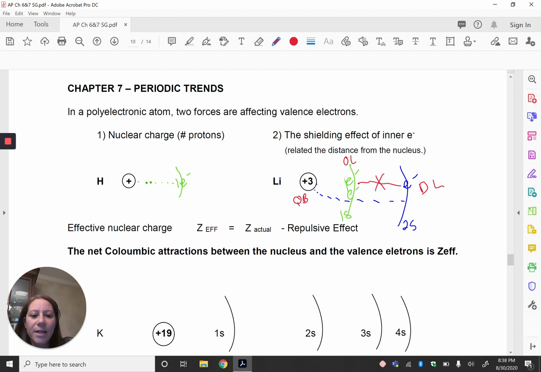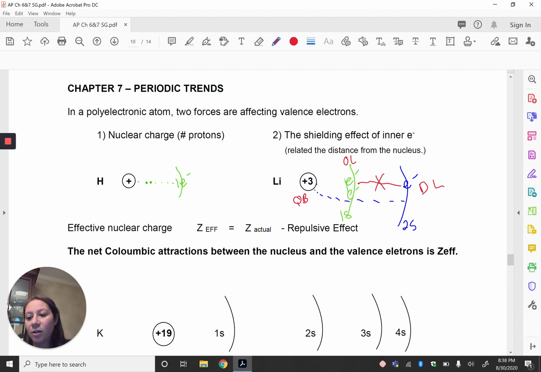And so the net between the attraction to the nucleus and the repulsion or shielding by the inner electrons results in a net attraction total. That's why those electrons don't fly away. If the net was not an attraction, then they would just fly away. So them staying there tells us that the net is a smaller attraction.